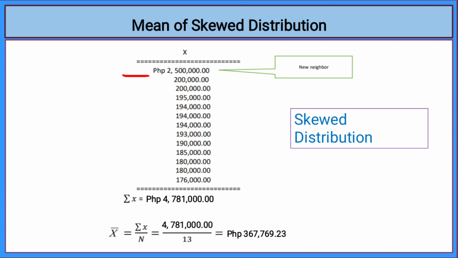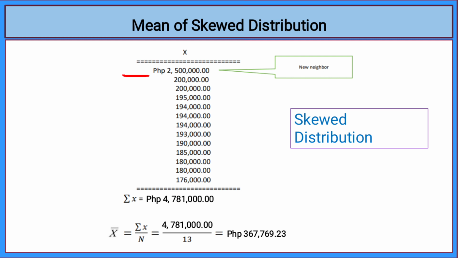And then 4,781,000 pesos divided by 13, which is the total number of workers there. And then the average, or the mean, will be 367,769 pesos and 23 centavos.